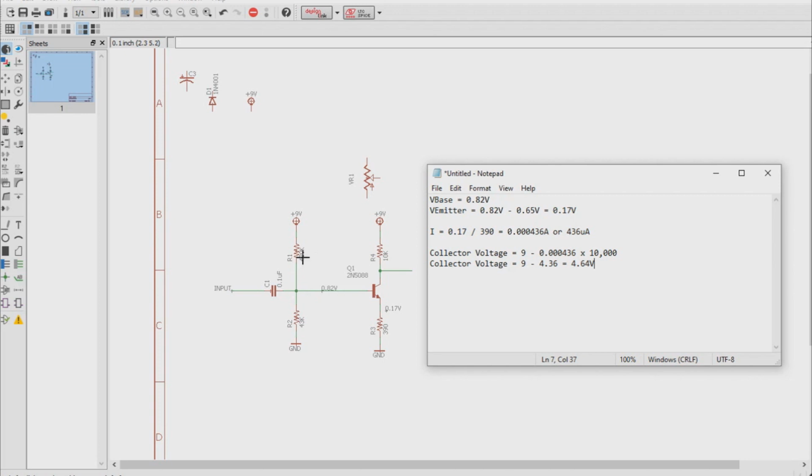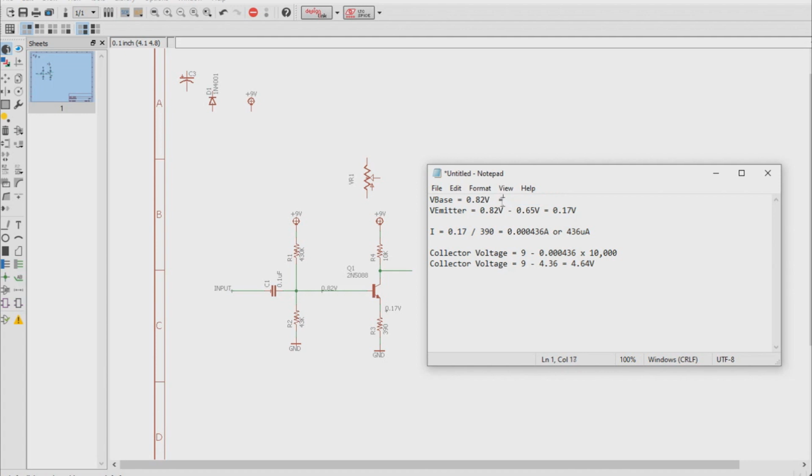But to go through all this math again and land on 4.5 volts, we would have to get that V base with that voltage divider down to 4.8, no, not 4, what am I talking about? 8.255 volts. Yeah, there we go. So the difference there is 5.5 millivolts.